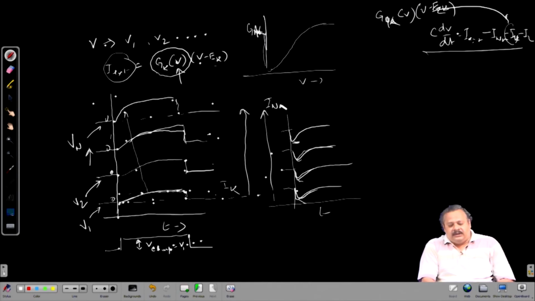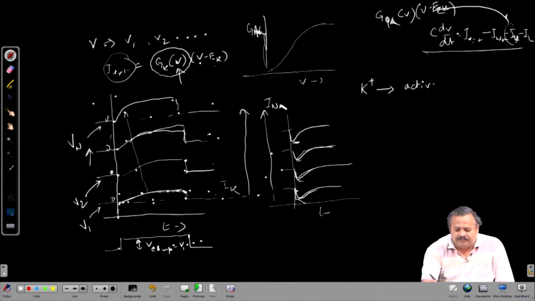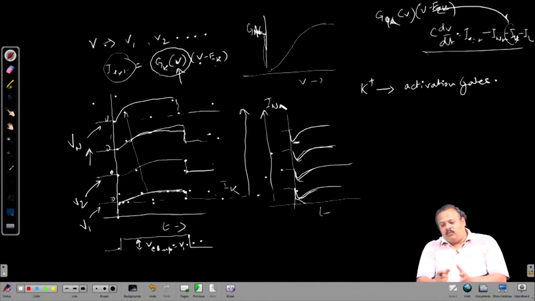And so, with these two observations, what Hodgkin and Huxley essentially proposed is that the potassium ion channels have only activation gates. That is, as the voltage increases, the gates open more and more.